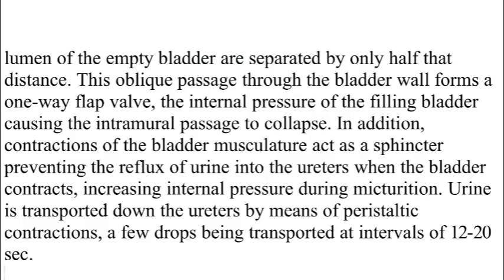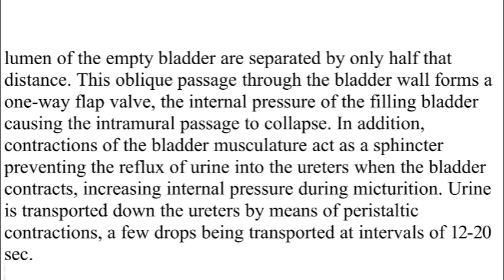The ureters pass obliquely through the muscular wall of the urinary bladder, and they do so in an inferior medial direction, entering the outer surface of the bladder about 5 cm apart. But the internal openings of the ureters into the lumen of the empty bladder are separated by only half that distance, that's 2.5 cm.